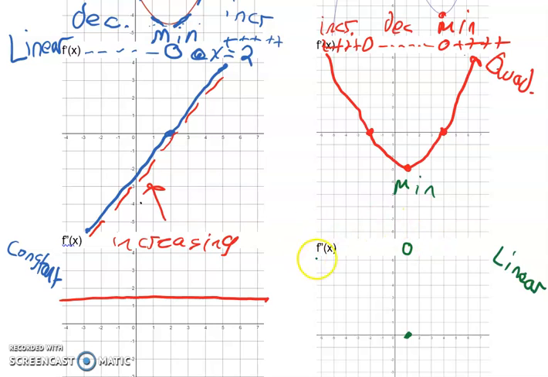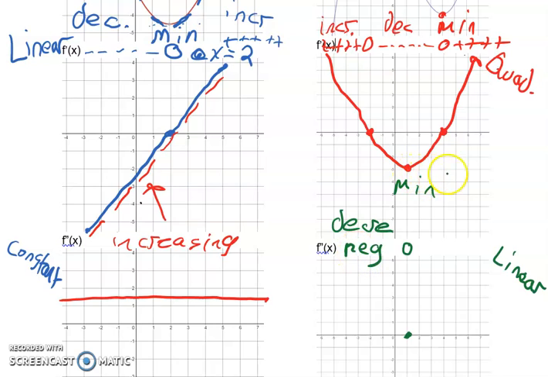I kind of like having this piece here just to help me organize. I have no local max, so that's the only place that I know for sure is going to be on my second derivative. From here, going into that minimum, my function is decreasing. Anywhere my function is decreasing, my derivative is going to be negative.